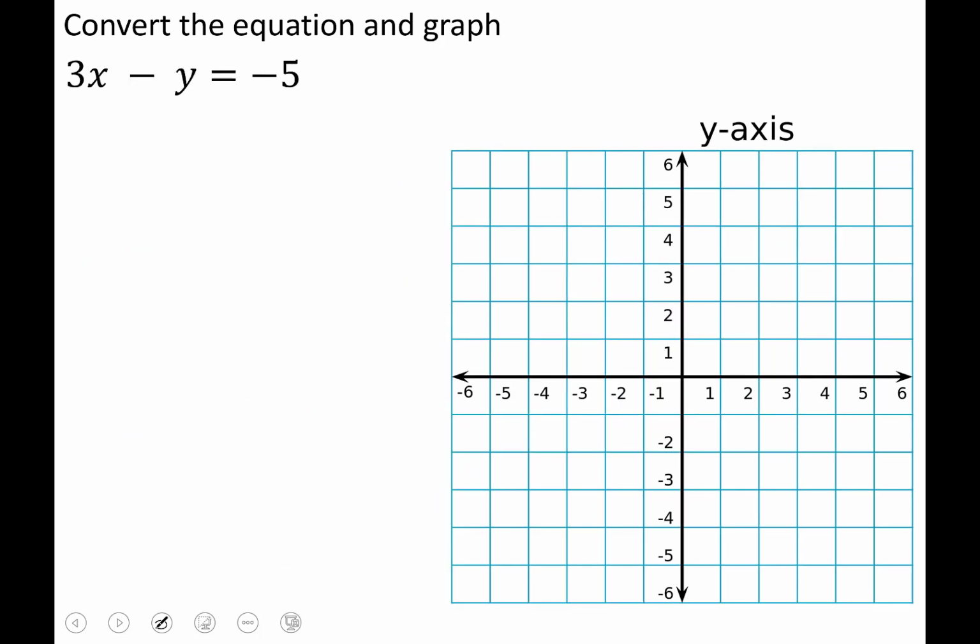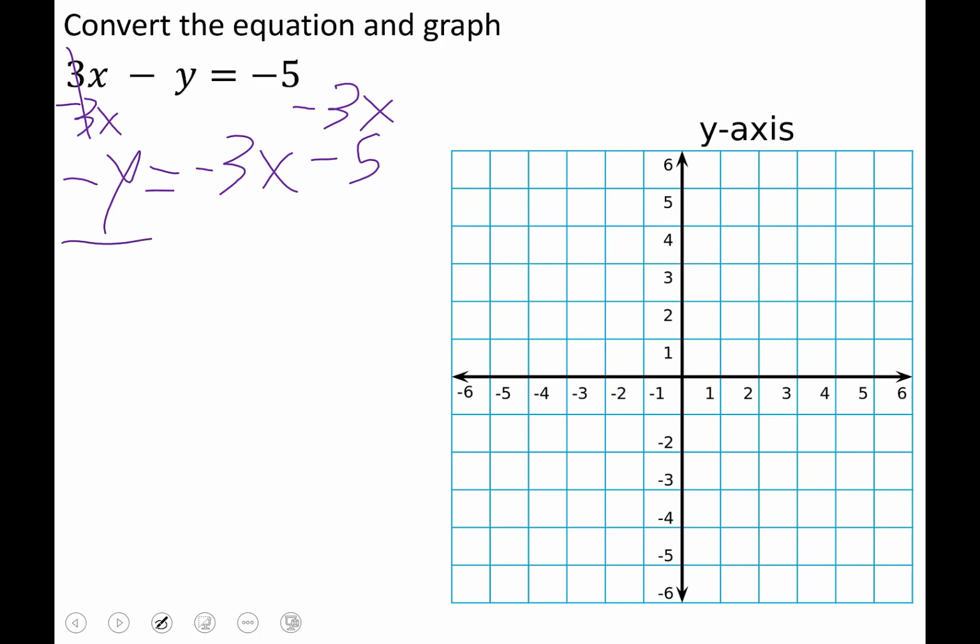All right, we'll look at one more example of this. I've got 3x minus y is equal to negative 5. Again, I could find the x and y intercepts, but I run the chance of not having a nice intercept. So we're going to go ahead and convert this to slope-intercept form. I'm going to subtract 3x from both sides because that's my first move. Left with negative y is equal to negative 3x minus 5.